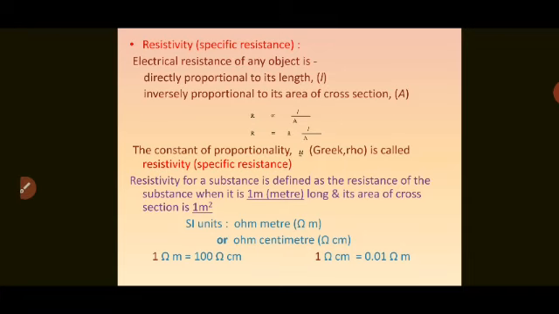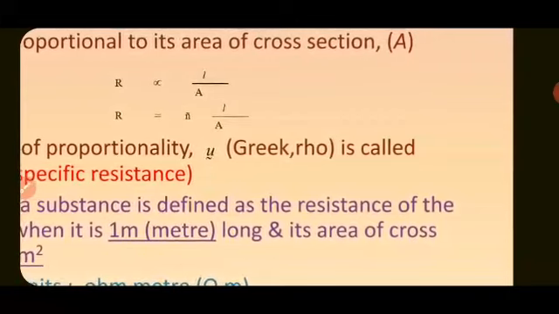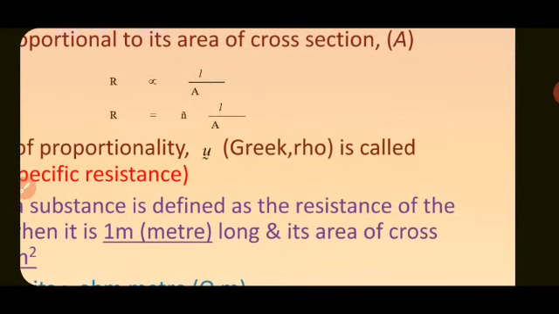The electrical resistance of any object is directly proportional to its length, that is, the length of the object we are taking, and inversely proportional to its area of cross section, that is capital A. Mathematically, R is directly proportional to L, that is length, and inversely proportional to A, the area of cross section.